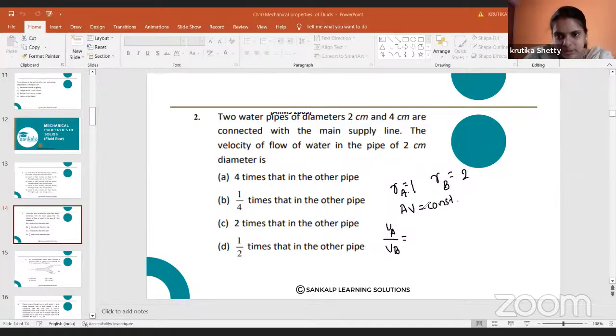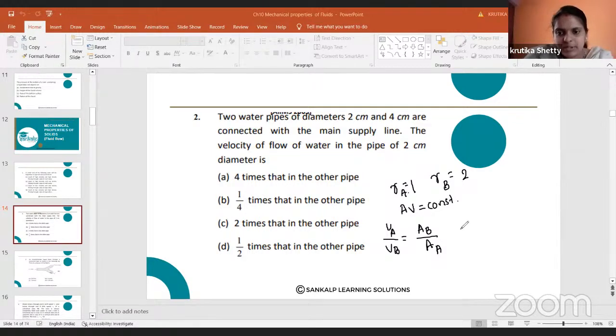So area and velocity are inversely proportional here. Therefore, I can write VA by VB is equal to the area of B divided by the area of A. I hope it is clear. Velocity and area are inversely proportional, and we are taking the equation in this form.